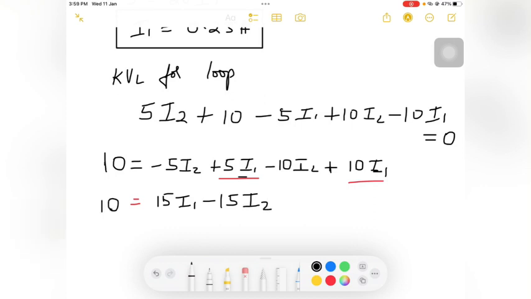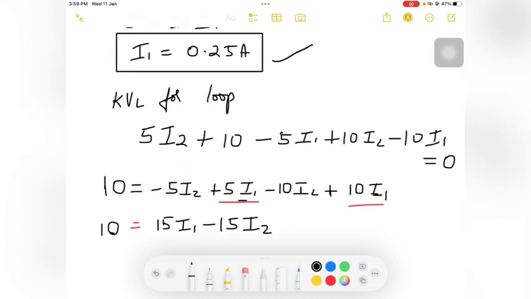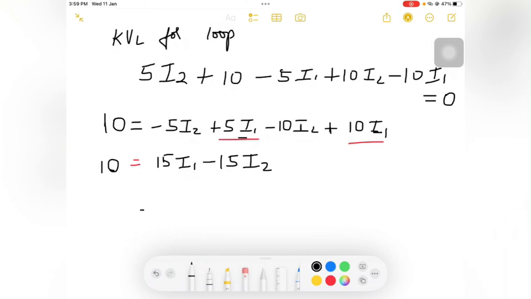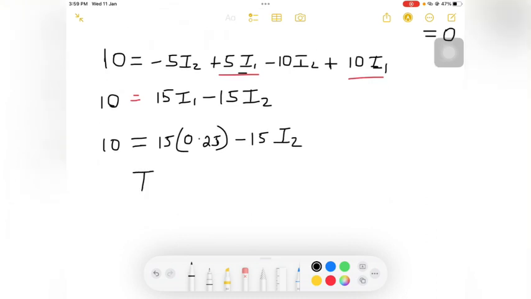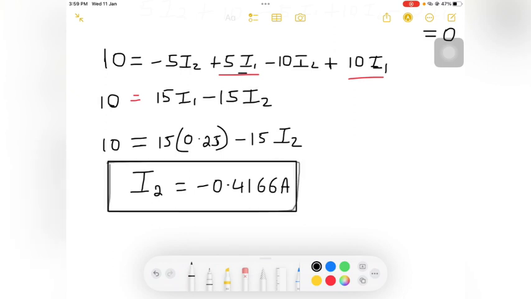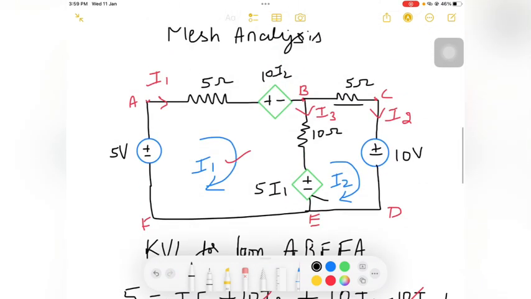In this equation I will substitute for I1 the value we got above. 10 equals 15 into the I1 value we got, 0.25, minus 15 into I2. If I simplify this equation, I will get I2 as minus 0.4166 amps. So these are the two values which I got from this network.